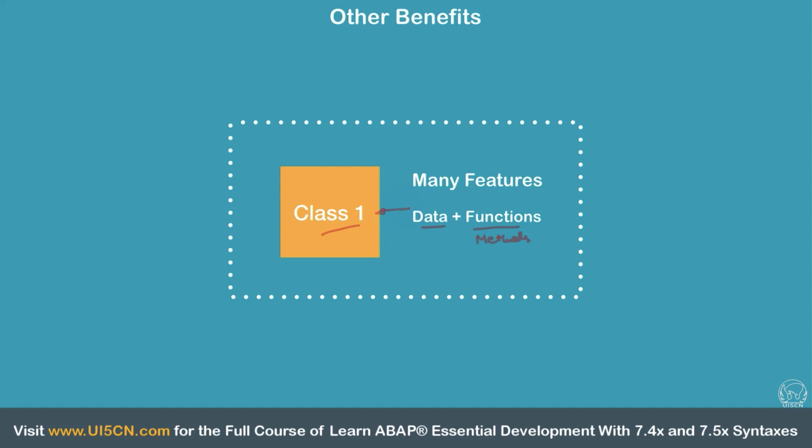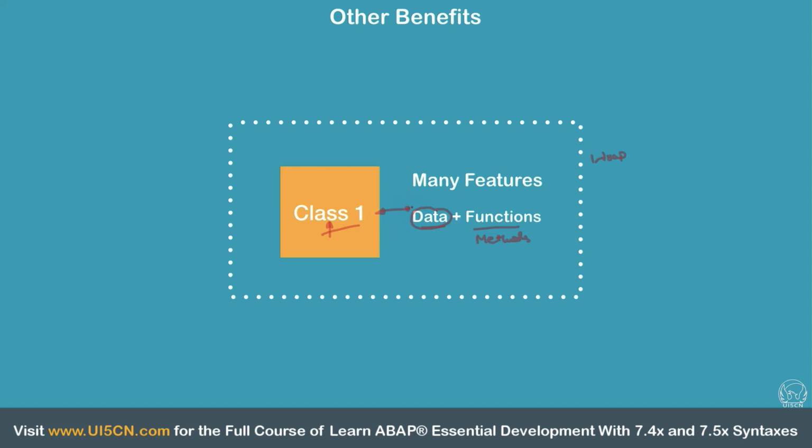So we are bundling together the data and the methods within a class. We are wrapping it. You don't have the data and the function separate; you have both together, wrapped in a class. That provides an additional benefit when the software becomes complicated, because the management of the project becomes easier.